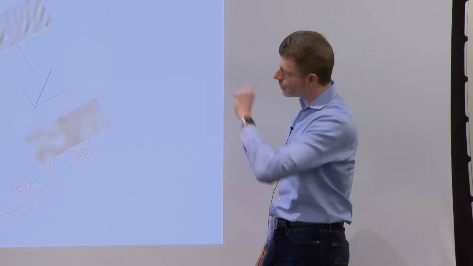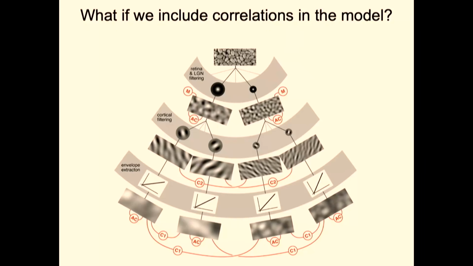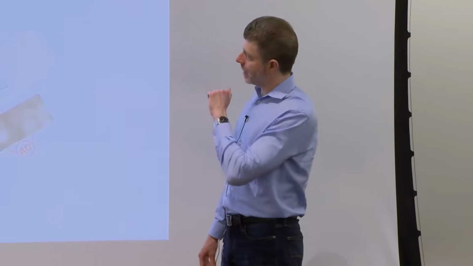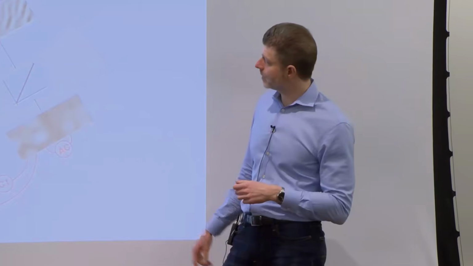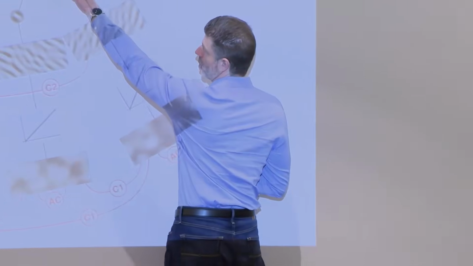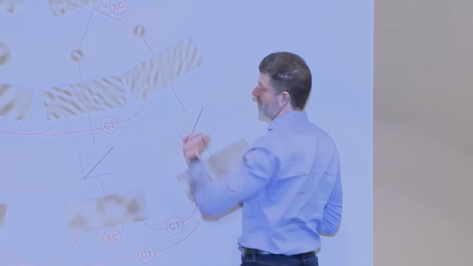The little red circles stuck on top of it are different statistics computed from different stages. The letter M stands for a marginal statistic, like the average or the variance. The things that have a C in them are different types of correlations. AC is an autocorrelation, a correlation between different points in space.